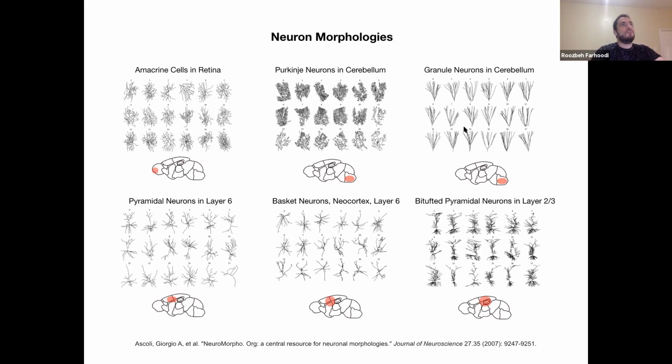For example, amacrine cells in the retina, Purkinje cells from the cerebellum that work in the motor system, or different pyramidal cells in different layers of the neocortex. We even have a good way of putting all the data together, and one of the successful ones is NeuroMorpho, which has more than 100,000 neurons from 50 different species. So we are able to look at the variety of cells in different brain regions and species.